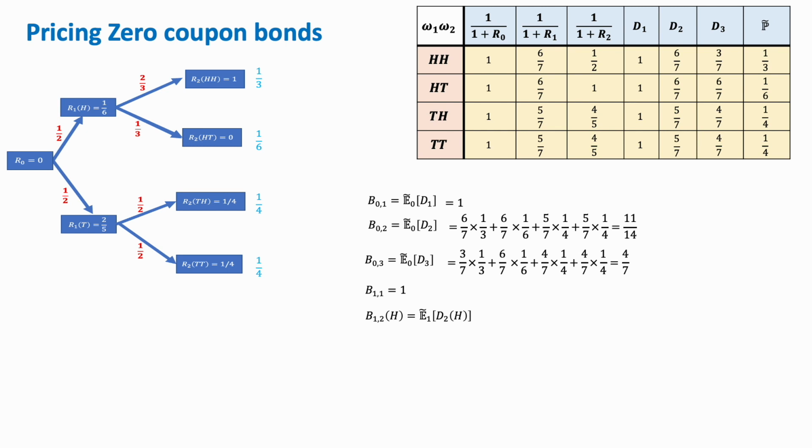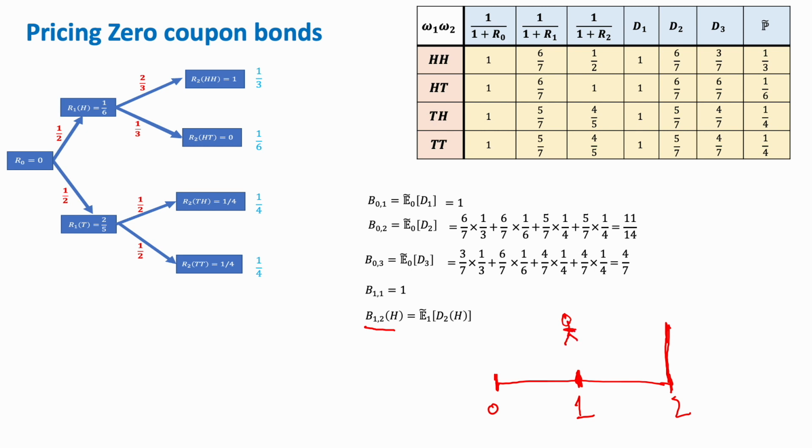And we can do the same thing, for example, for B1H. So this is essentially now this is time 1 and this is time 2. The bond matured at time 2, and we want to find its price as if we were standing at time 1.